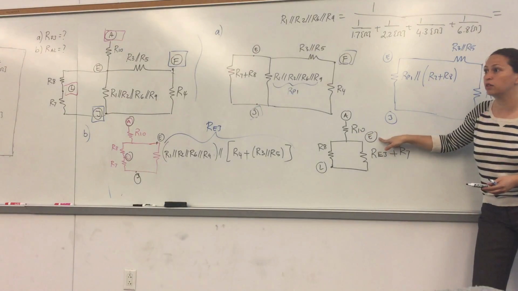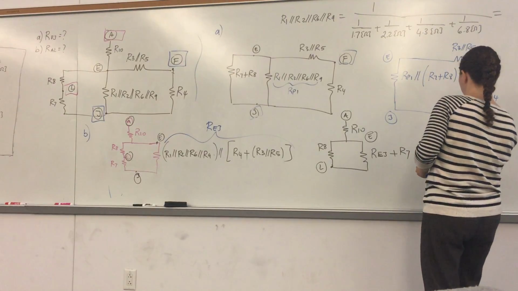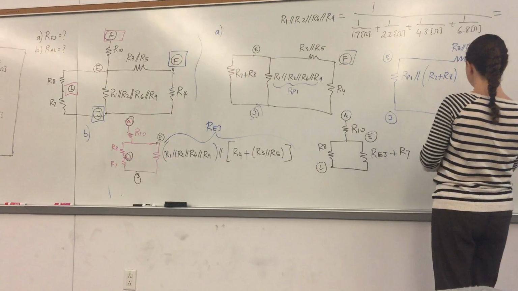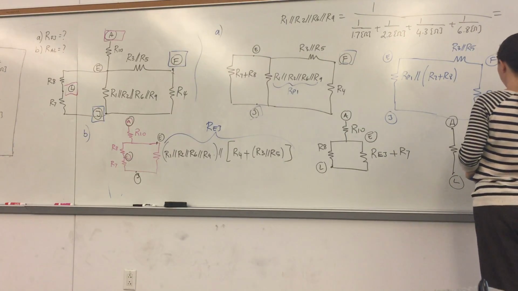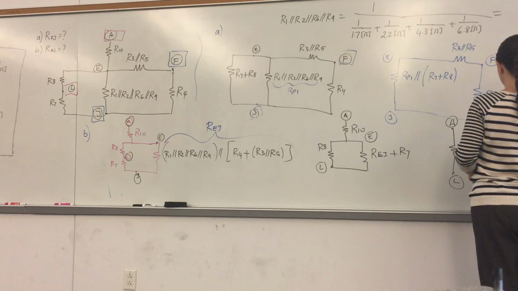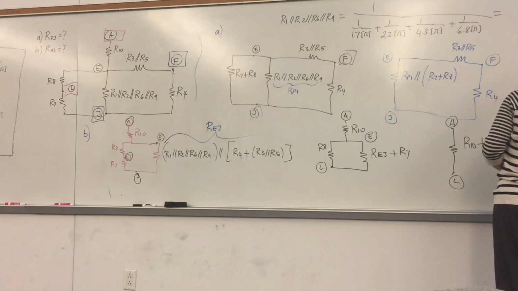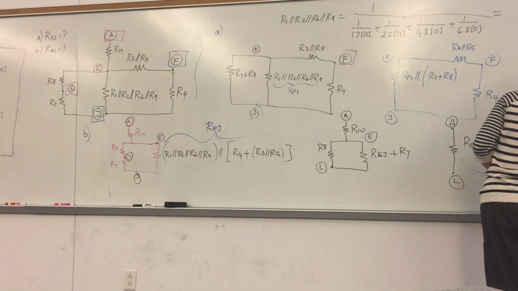Which is going to get rid of E. So I have A to L. What do I have? R10 in series with the parallel combination of R8 and R, E to J plus R7. And that whole thing is my answer to part B, which is R, A to L.